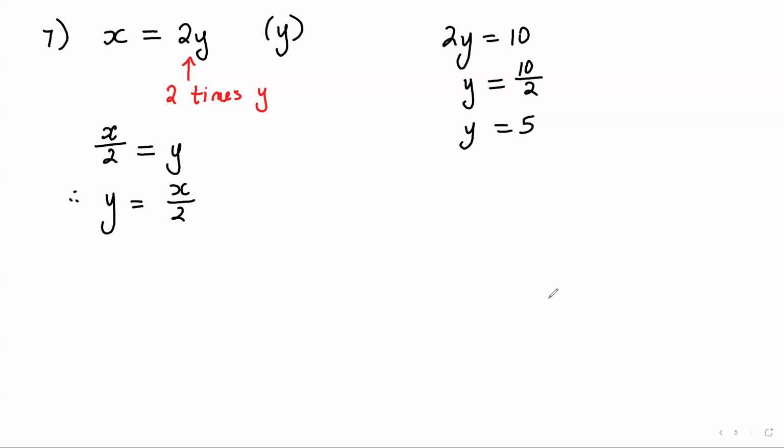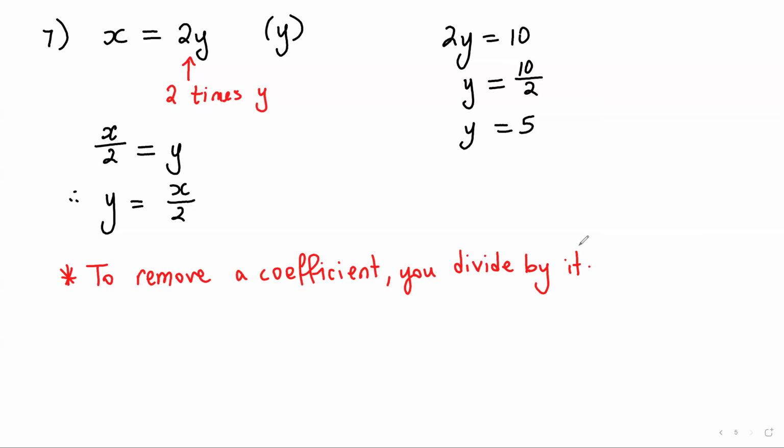So I'm going to write that down: to remove a coefficient, you divide by it. For example, if I had negative 6a, then a would be equal to negative 6a divided by negative 6, because look what would happen.